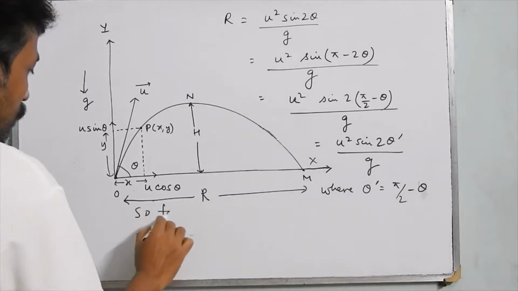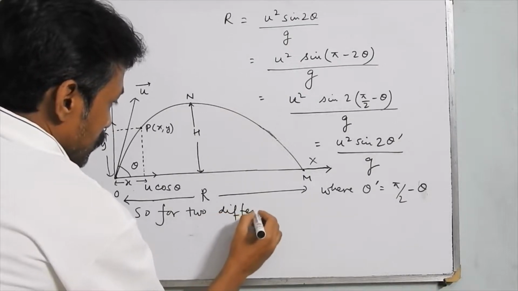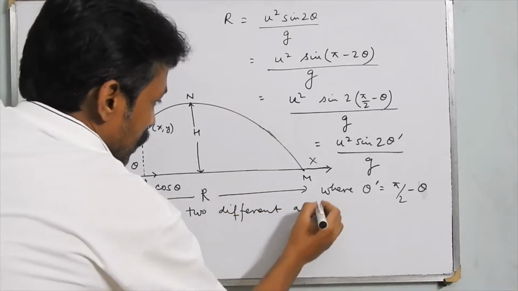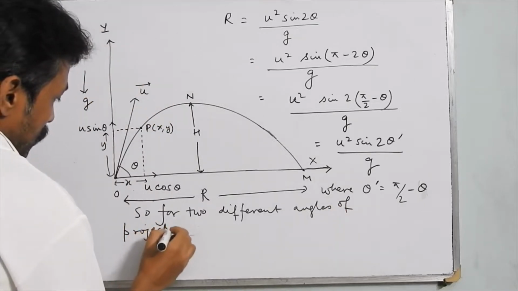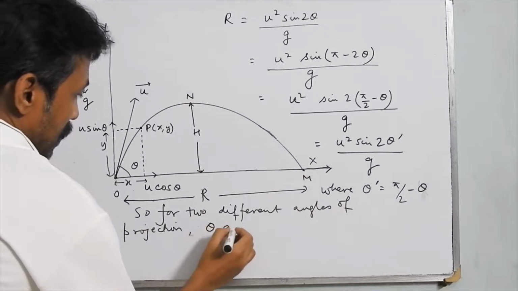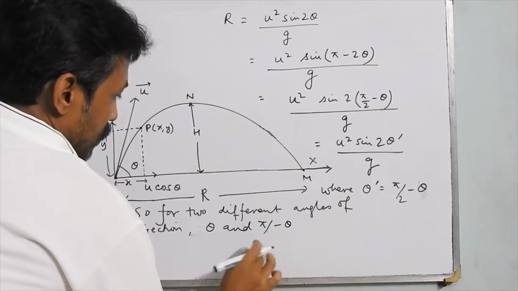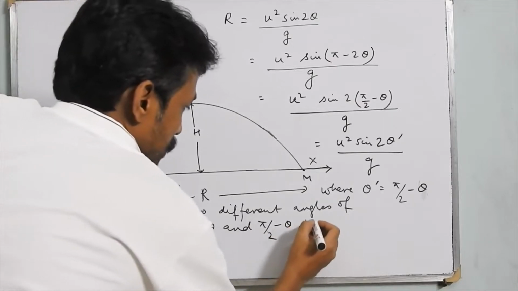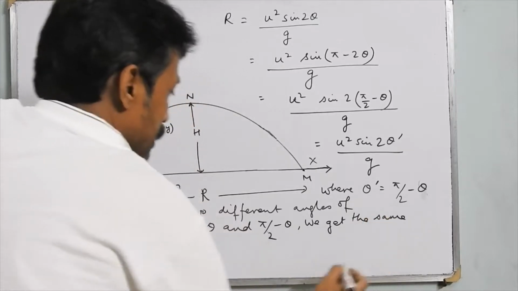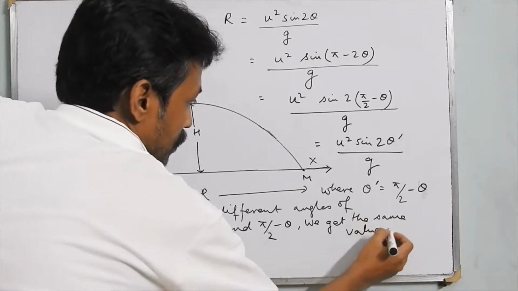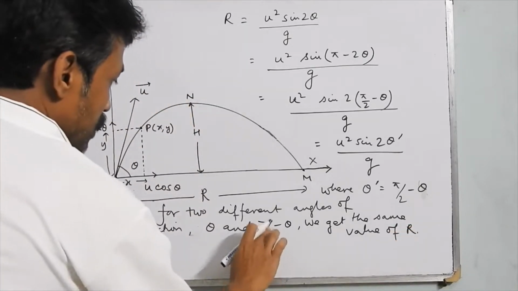So for 2 different angles of projection, theta and pi by 2 minus theta, we get the same range, the same value for R. And these angles are obviously complementary to each other.